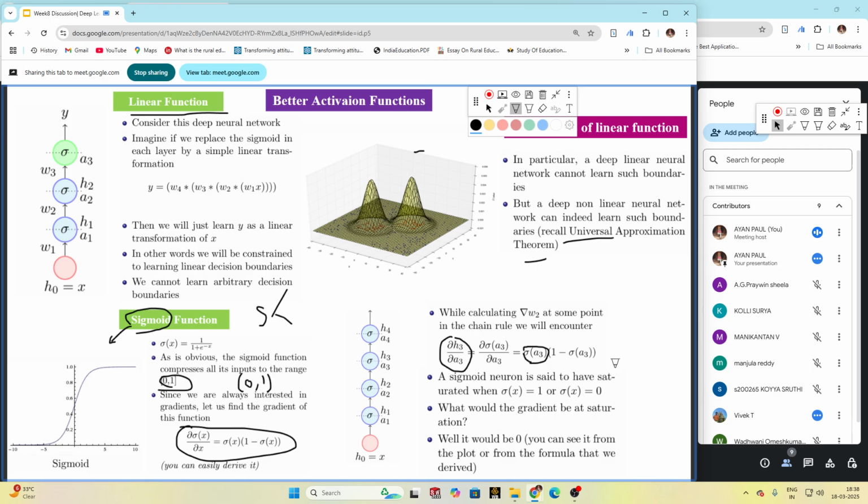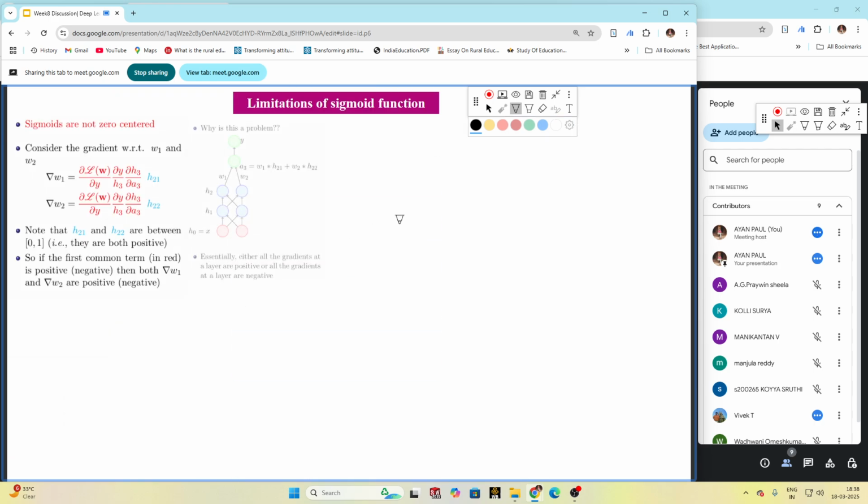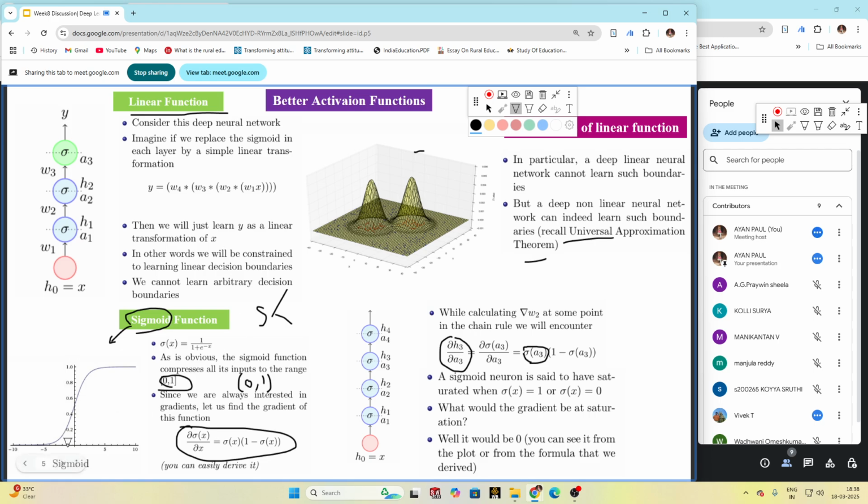So whenever our value approaches 0 or 1, our gradient will be 0. Gradient being 0 means our weight will not get updated. So this is known as the vanishing gradient problem, the first problem of this sigmoid function. The second problem of the sigmoid function is, if you see this graph, that it is not zero centered.